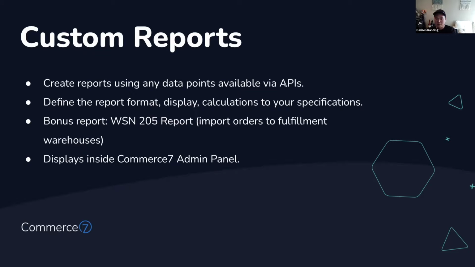TreeFrog Digital is really familiar with our API and can extract whatever data you need them to extract and then populate it in a report where you can define the format of the report, how it displays, and the calculation that it performs. So you'll spec this out with TreeFrog Digital, and they'll provide a quote for the build, depending on the complexity of the report that you're looking to build.